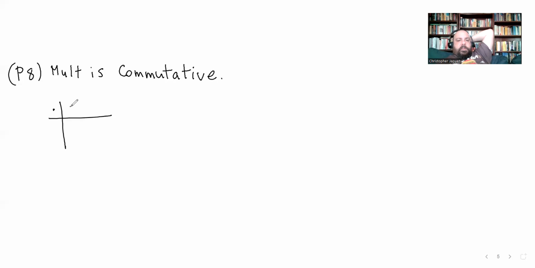P8 is about the fact that multiplication is commutative. And again, if you look at the table, you'll see that it is, because the table is symmetric through the diagonal.